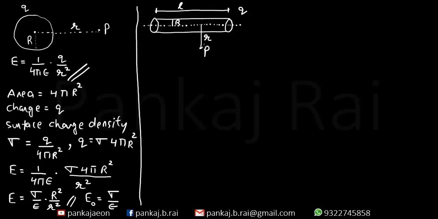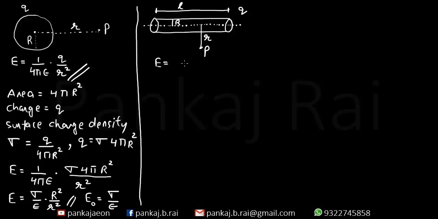So what is the electric field intensity at this point? It is given by the electric field intensity at a point outside the cylinder at a distance of r from the axis of the cylinder whose radius is capital R, the charge on the cylinder is q, and the length of the cylinder is L.